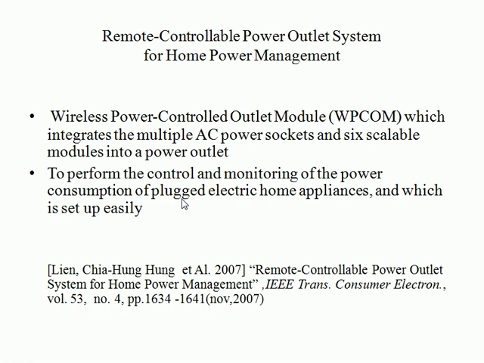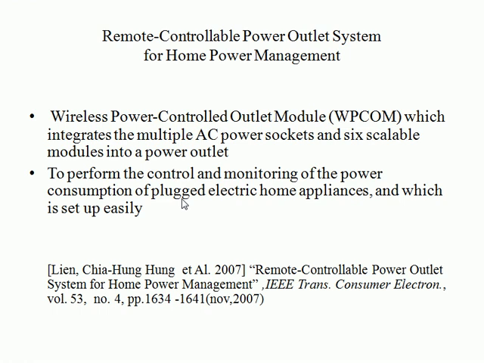They have 6 scalable modules in the power outlet, so they can control any device from outside, turn it on and off, and measure the power. This is very easy. They just need to set it up, get a switch and the low power microcontroller, and then these modules.